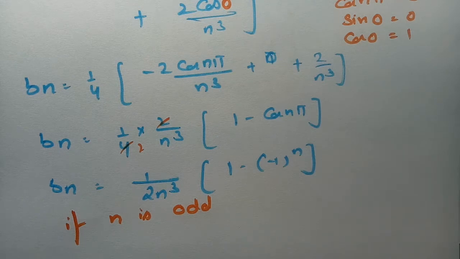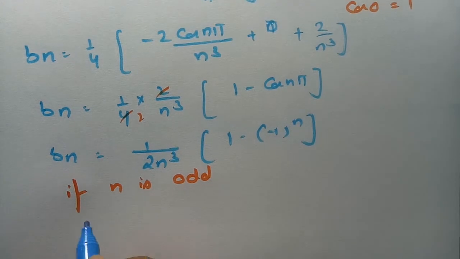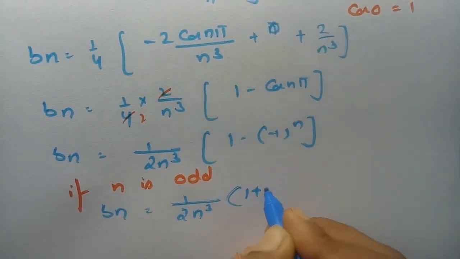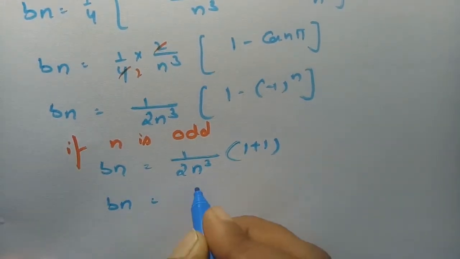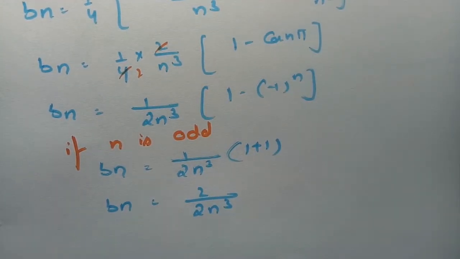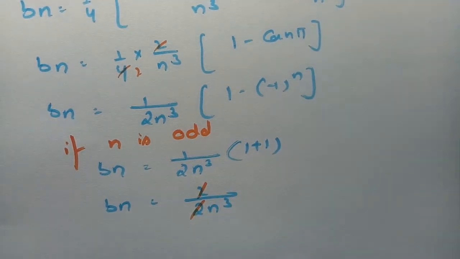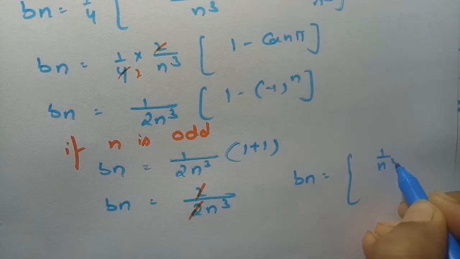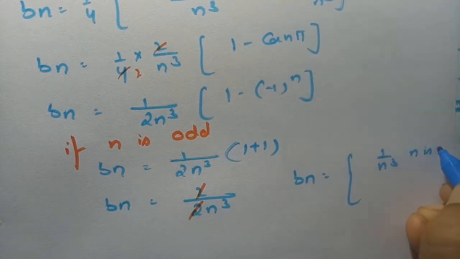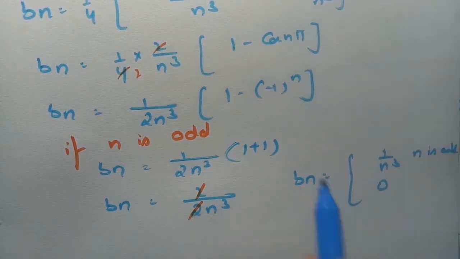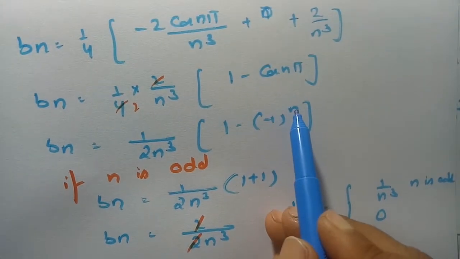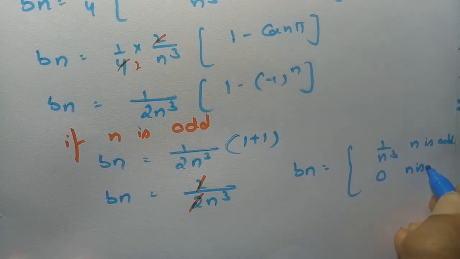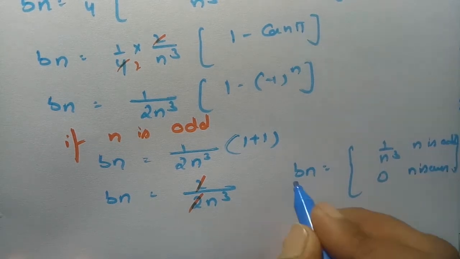If n is odd, then Bn value is 1 by 2 n cube into 1 plus 1, so Bn value will be 1 by n cube. If n is an even number, this will be positive, then 1 minus 1 is 0, so 0 if n is even. So I got the value of Bn.